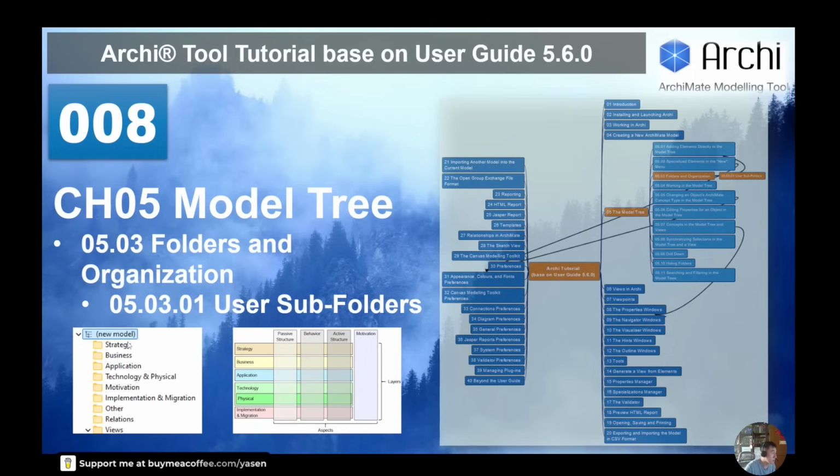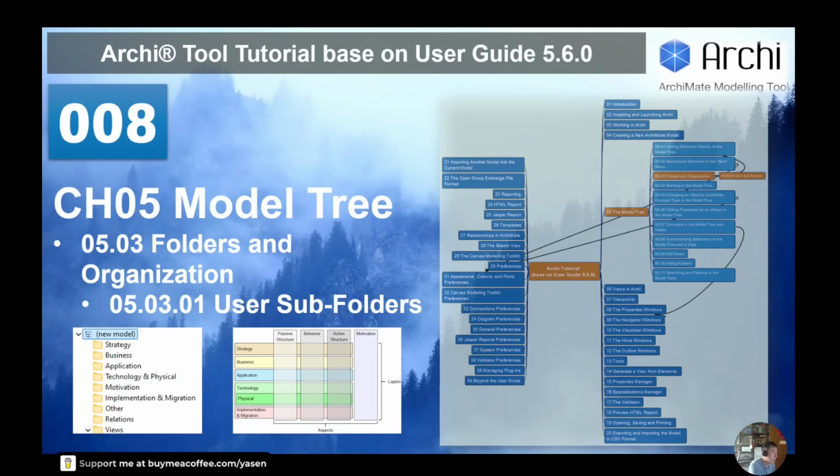So we have the strategy root, or top folder, for the strategy layer. Similarly, business and application. The technology one is tricky. In Archimate, physical is a part of the technology, and you may see that Archi2 has both notations, technology and physical, in one folder.